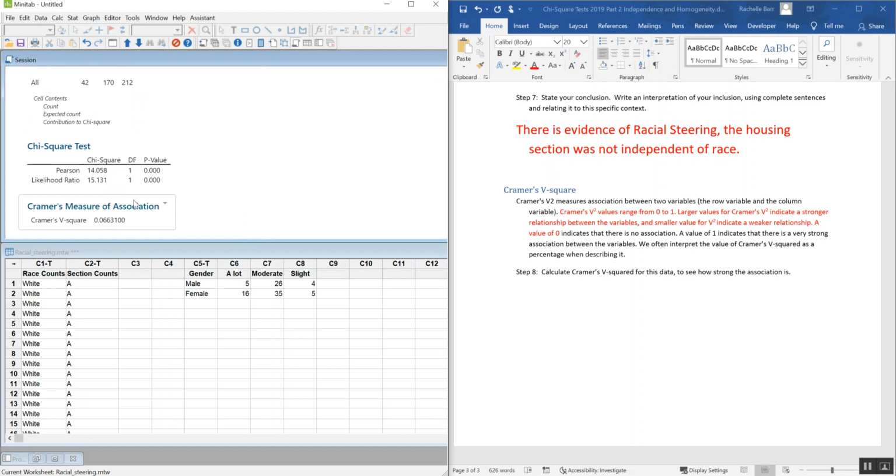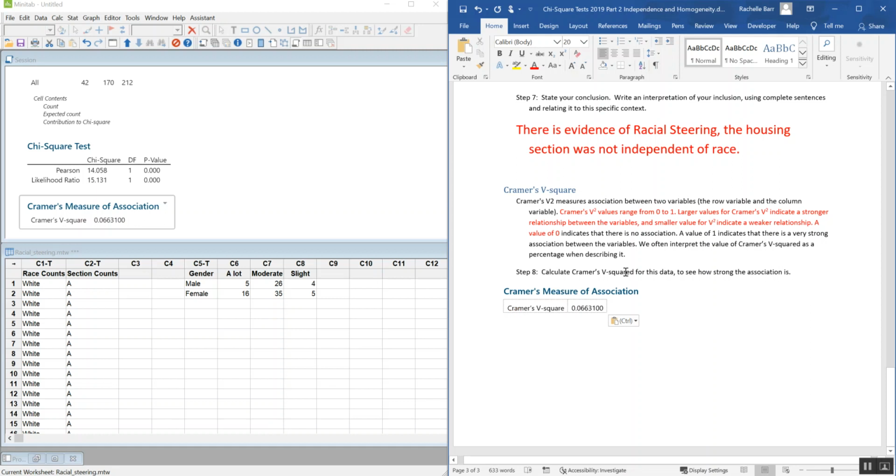So my Cramer's measure of association is pretty large. Oh no, wait, it's pretty small. So what you would say from this is, although they're related and it's a strong enough relationship to be detected, the Cramer's V is only about 6%.